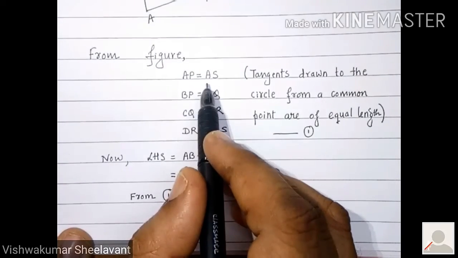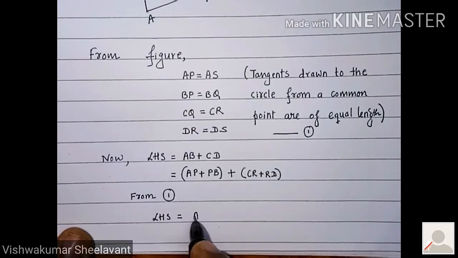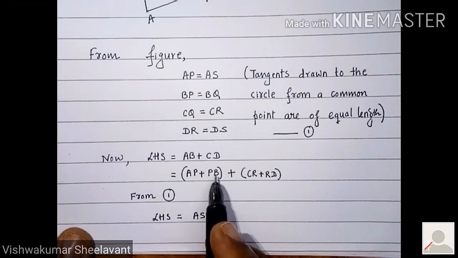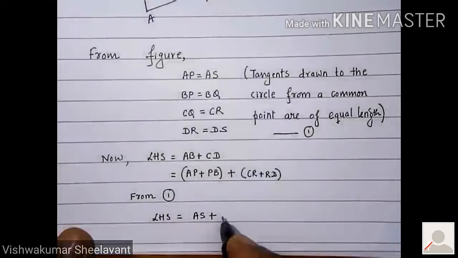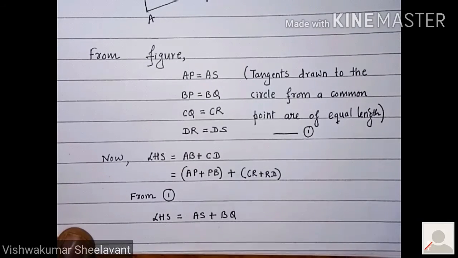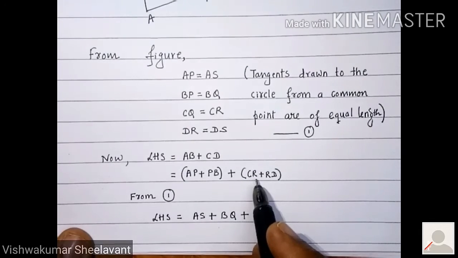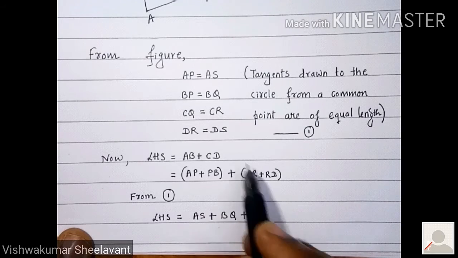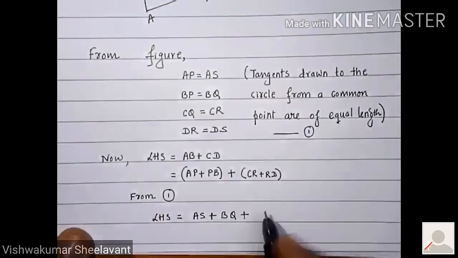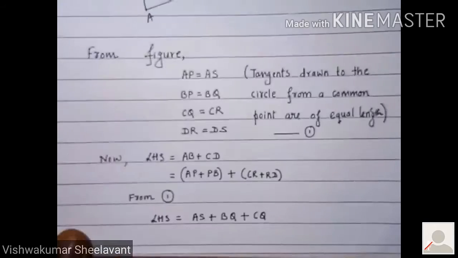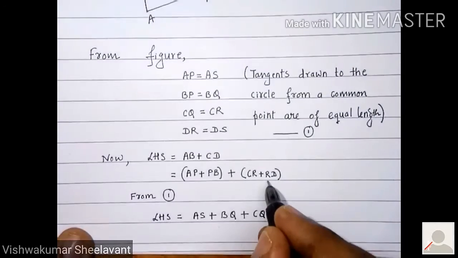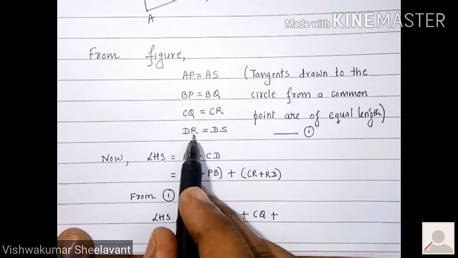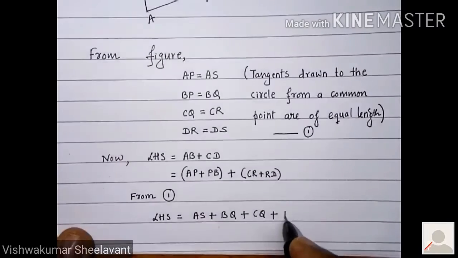AP is what? AS. What is PB? PB is BQ. Plus CR. CR is equal to CQ. Next RD. RD is equal to DS.